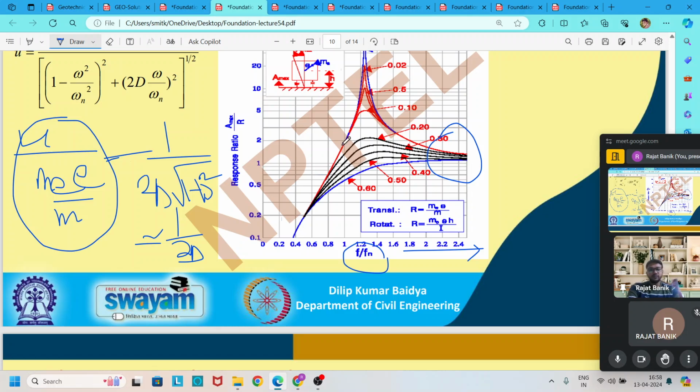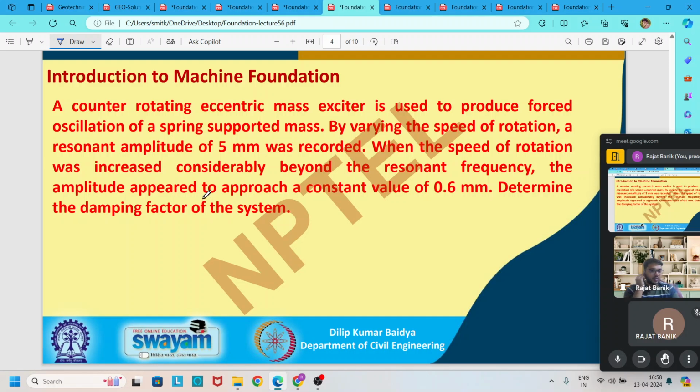So in our question, it is said that at resonant frequency, U divided by ME by M, which is also equal to 1 by twice d, our amplitude is equal to 5 mm.